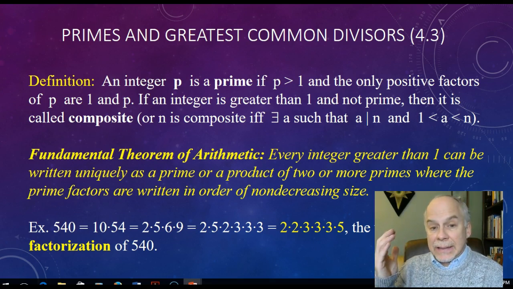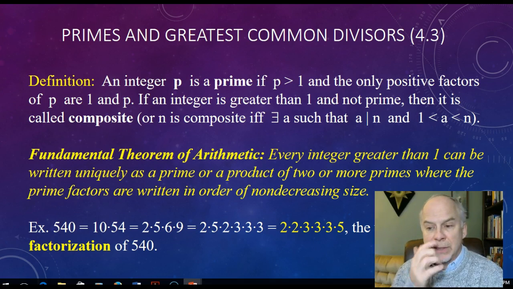Does there exist a factor of 12 that's in between 1 and 12? Well, yes. 2 is a factor of 12, and it's in between 1 and 12. 3 or 4 or 6, those are all factors of 12 that are in between 1 and 12. But 13, that is prime because there are no factors of 13 other than 1 and 13.